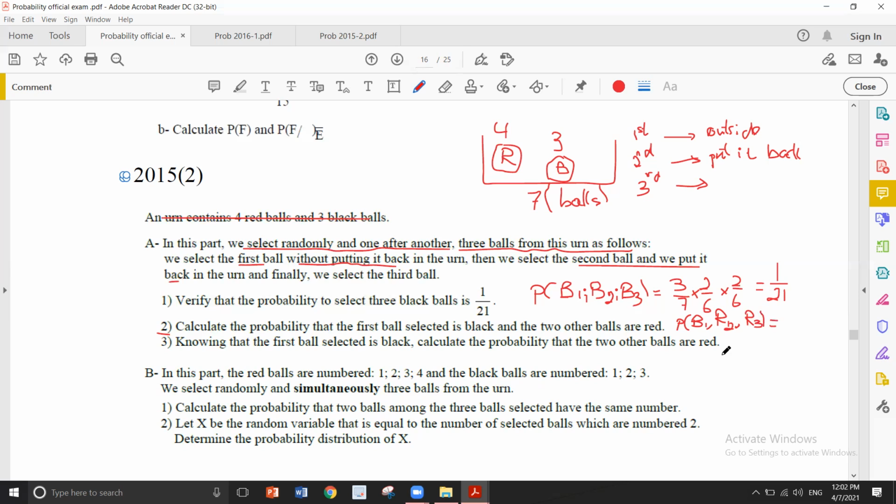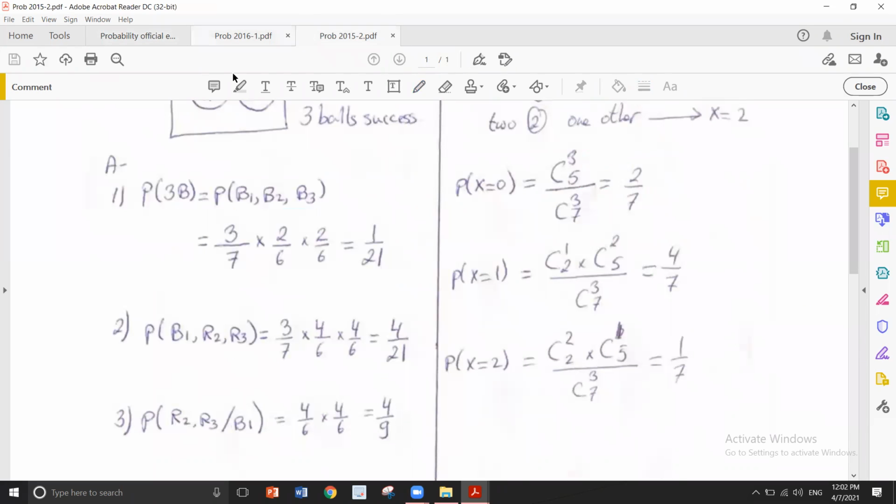The first one to be black is 3 over 7, then 4 over 6, and for the third ball also 4 over 6. We get 4 over 21.